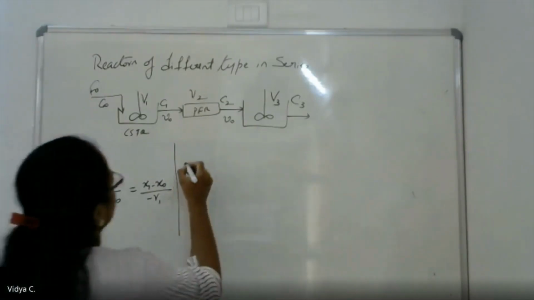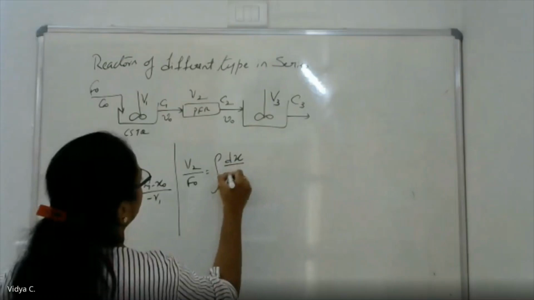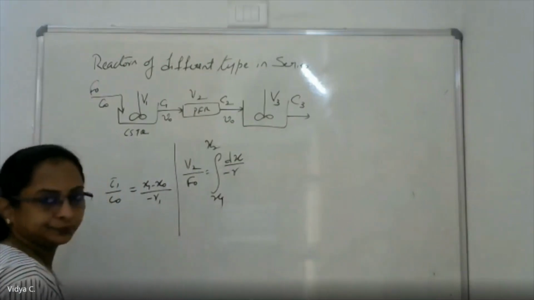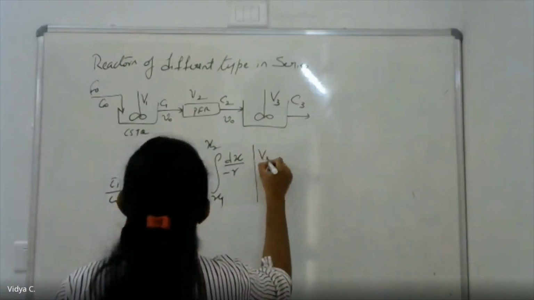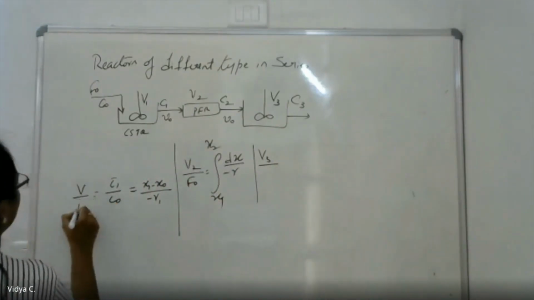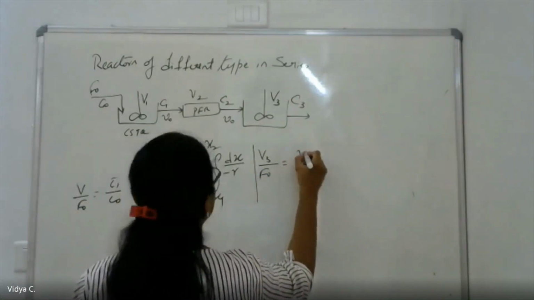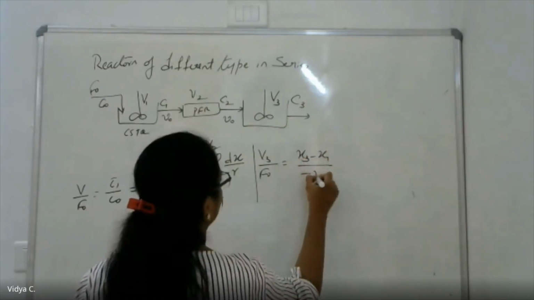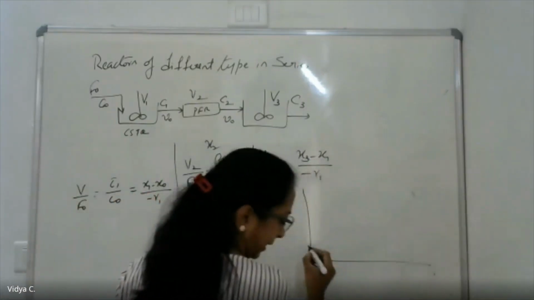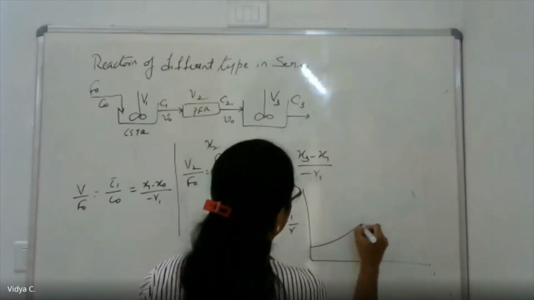So the next one is V2 by F0 is equal to the integral of dx by minus R, from x1 to x2. And for this, tau by C0 is equal to V by F0. V3 by F0 will be equal to x3 minus x2 by minus R.